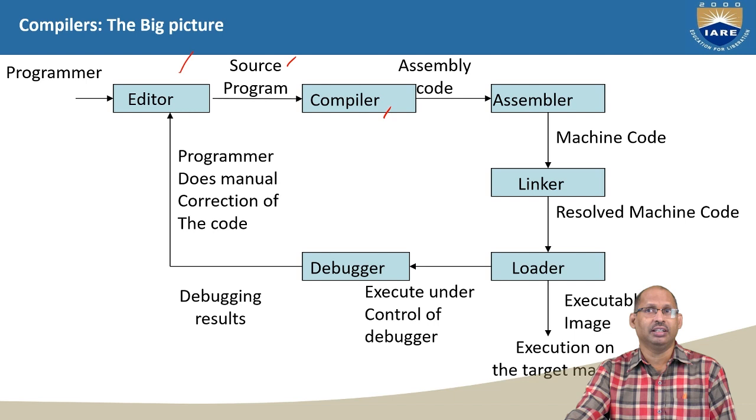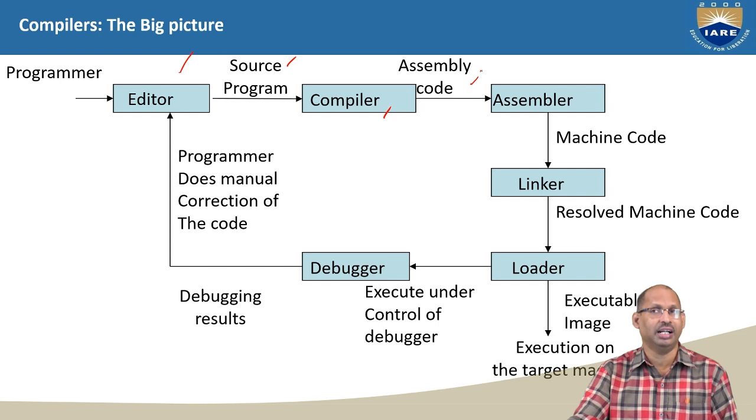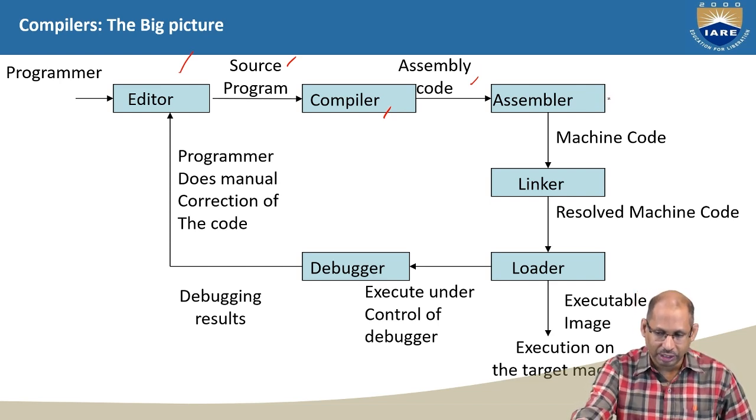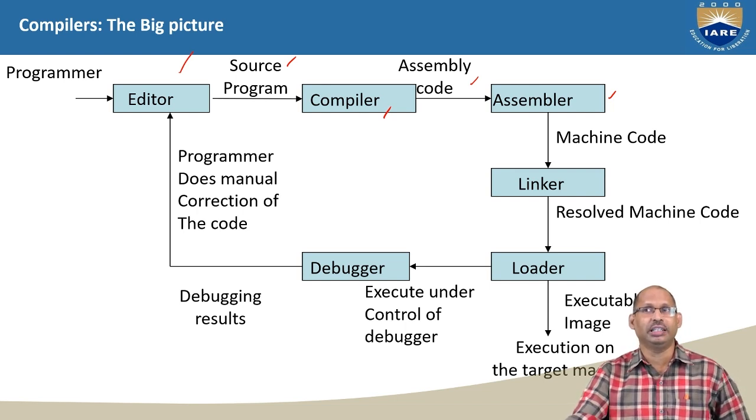Then the compiler will convert this high level source program to assembly code. This assembly code will be the input to the assembler.